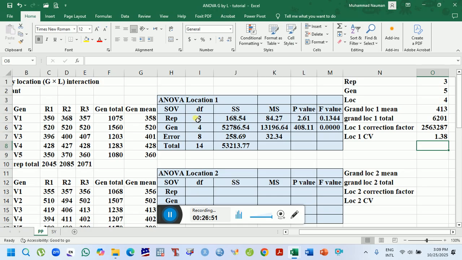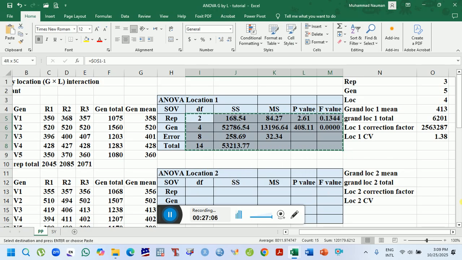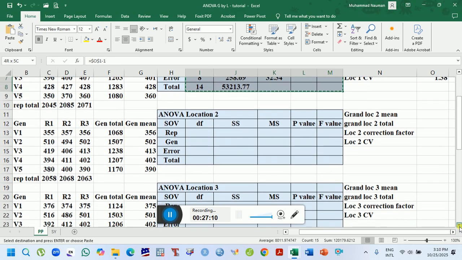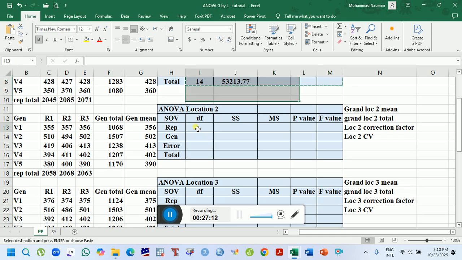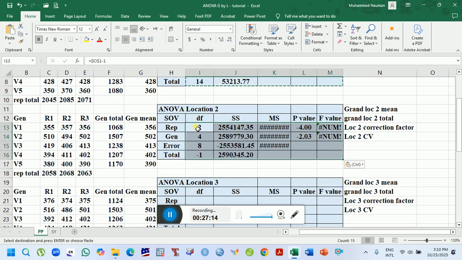So we will copy this here first. Make the selection from replication to the total, and each and every term will be selected, copied, and pasted in the respective locations. Control V, paste.